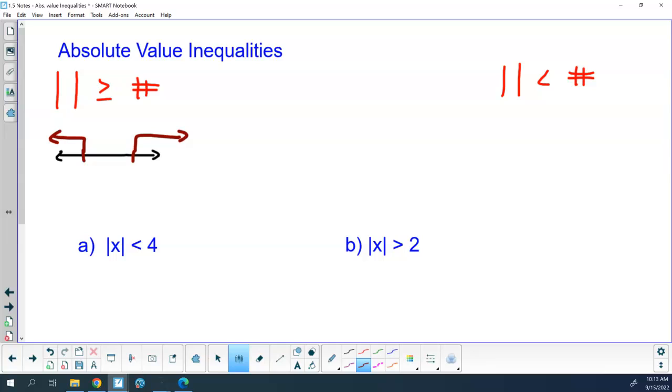So that's going to be the row the boat case. In the less than case, that's going to be the handle case. Okay? Now, how do we go about doing that?